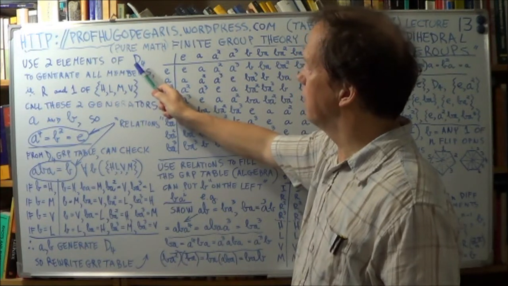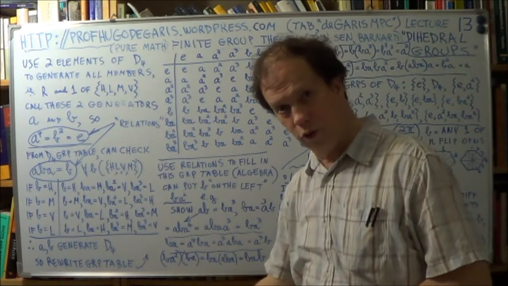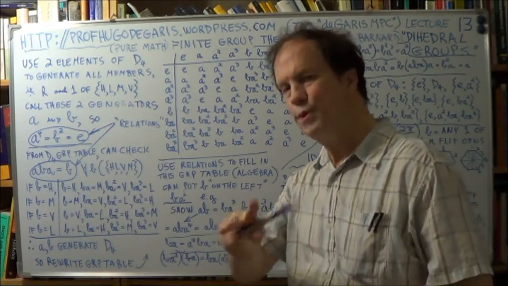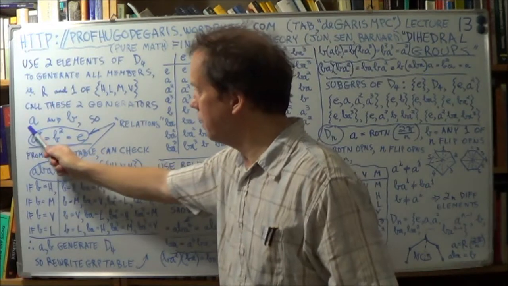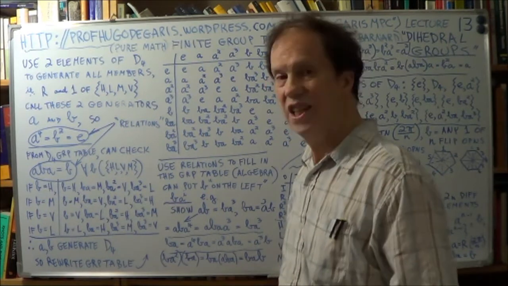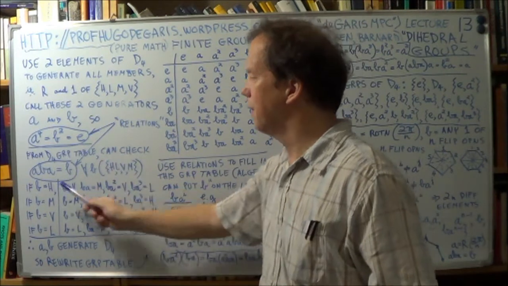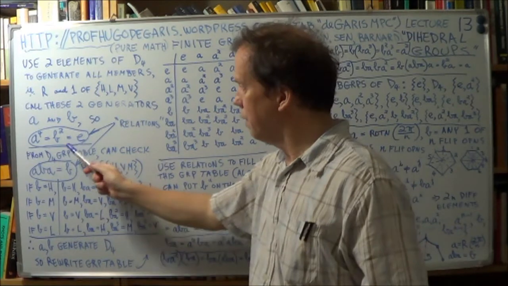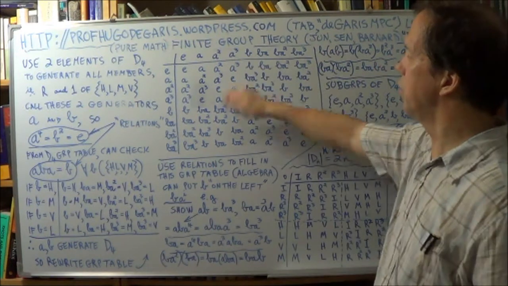I can give you the presentation of D4, that means a description of the group, in terms of two sets of things. One set is the generators, so in this case just the set of A and B, right? And the other set is the set of relations. So I would give you A to the fourth is B squared is Z, and ABA is B. Now, with the two generators and these relations, you can generate the whole table.